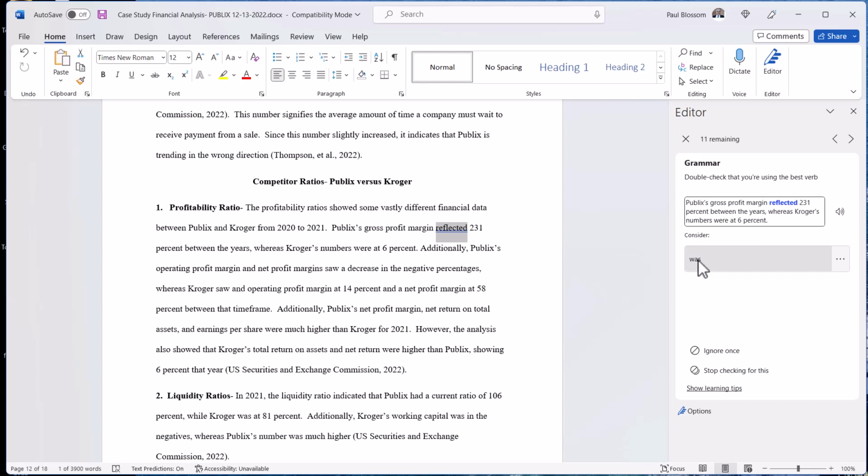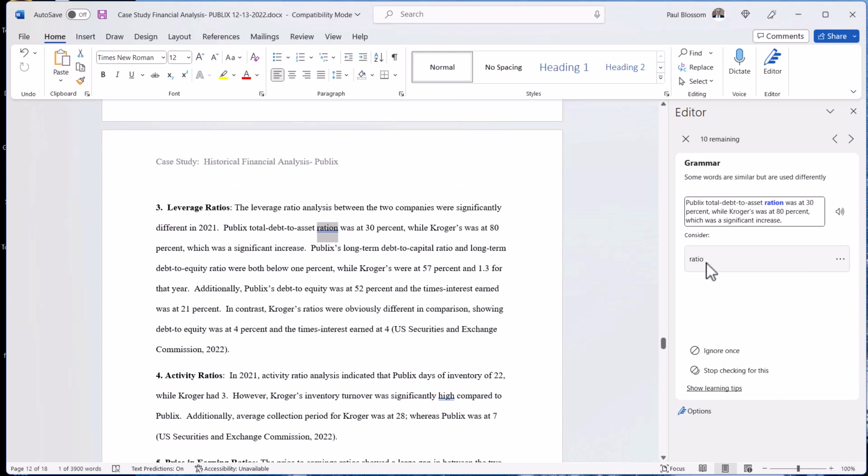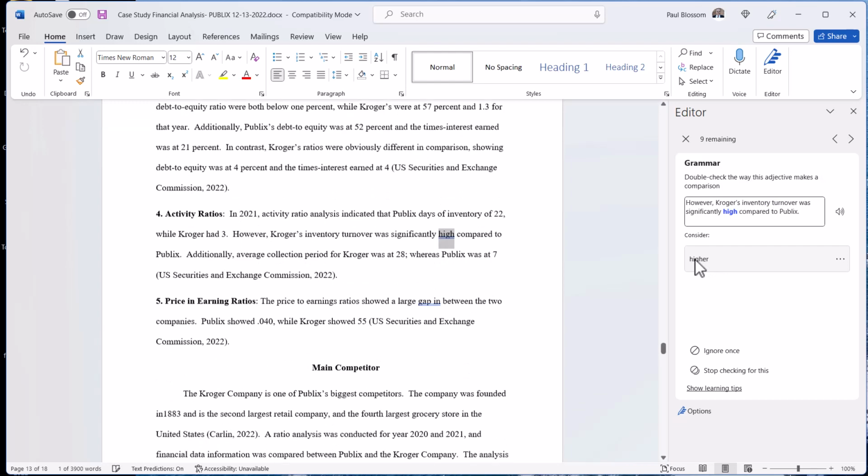You're going to reflect something, and whether it's an increase or decrease, and so that there should have been a word in there for that. Public's it should be ratio, not ration. You think that's a spelling error? Well, ration is actually spelled correctly, but it's not the correct word, so that's a grammar error.